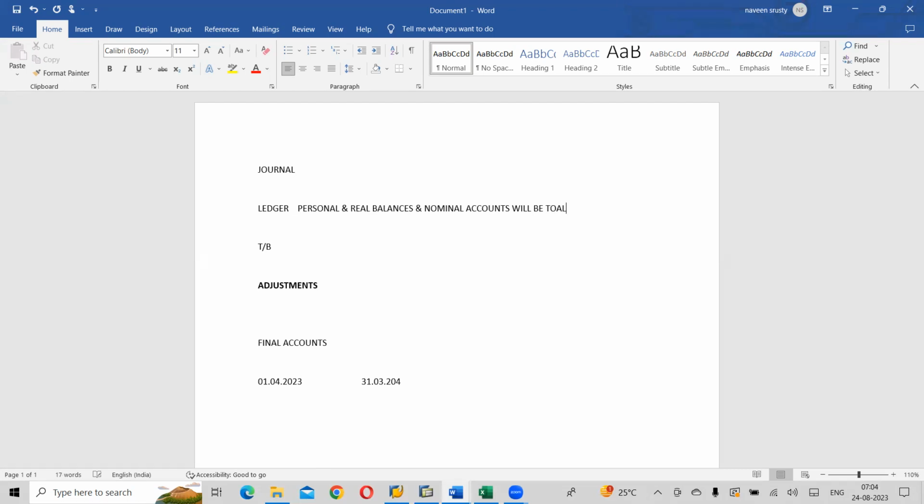What does it mean? Whatever the lakhs of ledgers are, they will fall under either a personal account, a real account, or a nominal account. If the ledger comes under personal and real accounts, they are supposed to be balanced. And if it is a nominal account, then that has to be totaled. Clear?